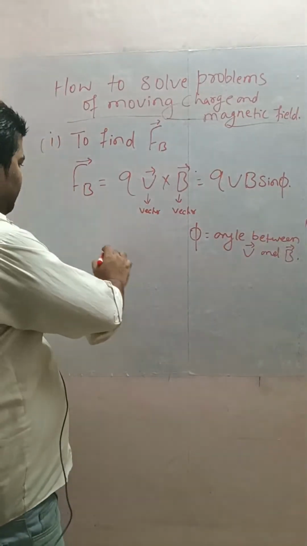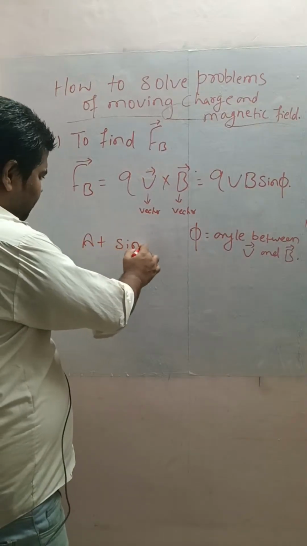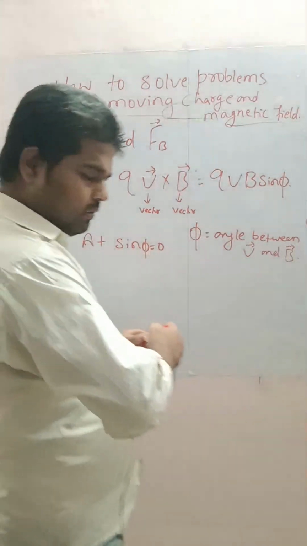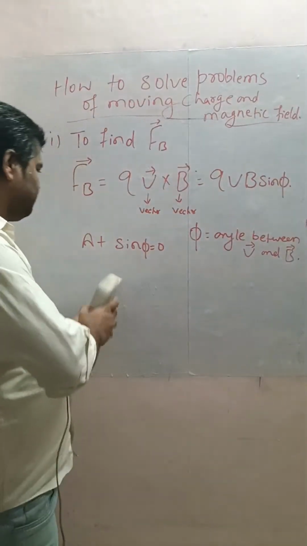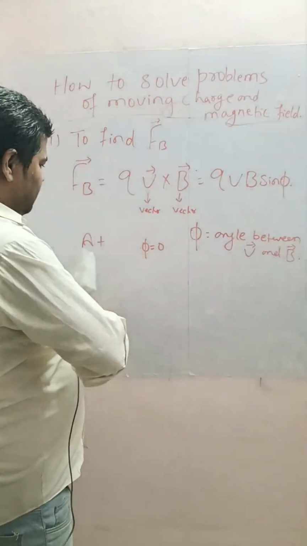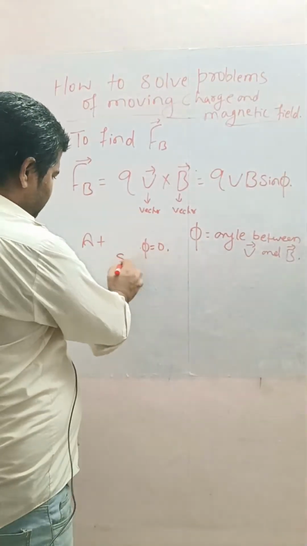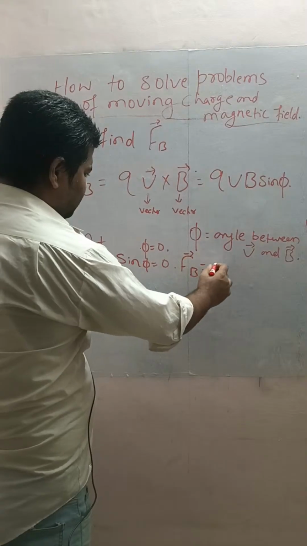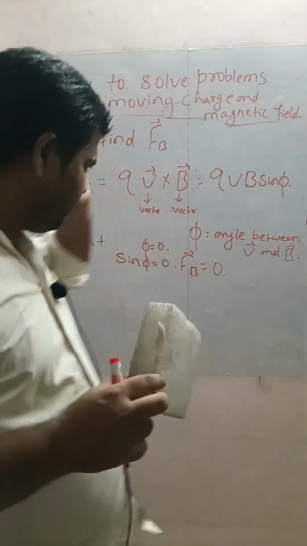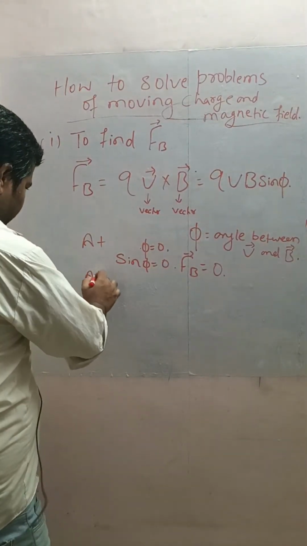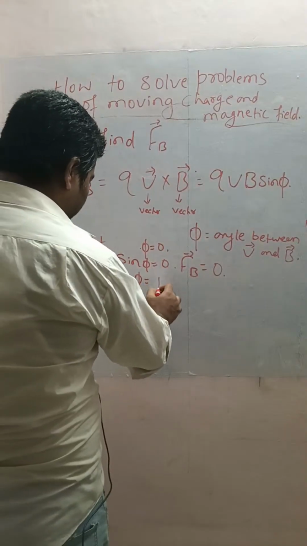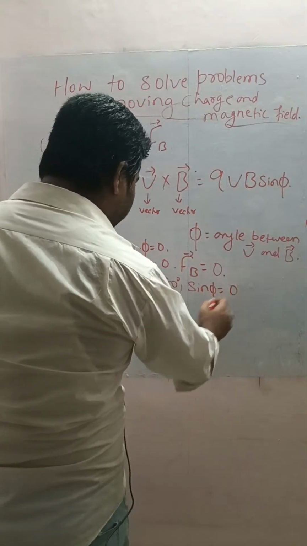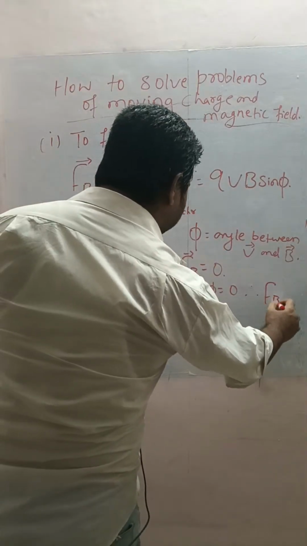See here. At phi equal to 0, sine phi is equal to 0. In that case, the magnetic force is 0.